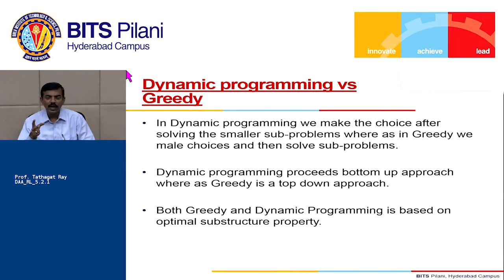So even though dynamic programming looks close to greedy, there are very specific differences. For example, in dynamic programming, we make the choice after solving the smaller sub-problems. If you recall, in dynamic programming you start with your original problem and decompose it into smaller sub-problems, and you try to solve those sub-problems recursively.